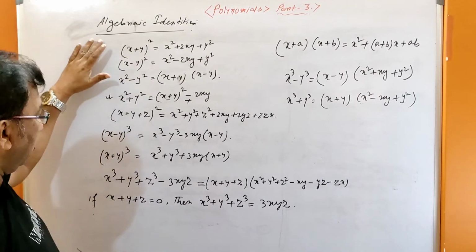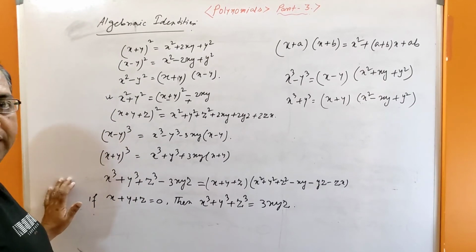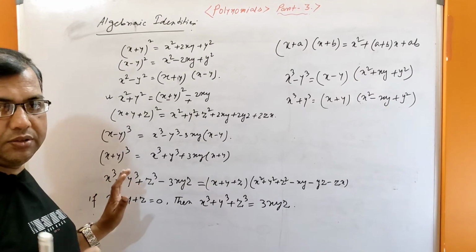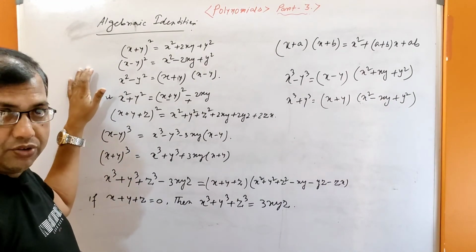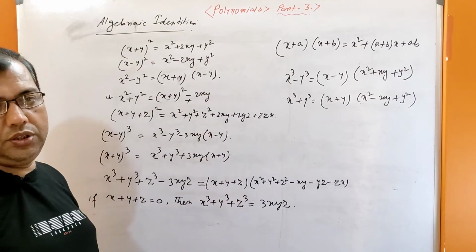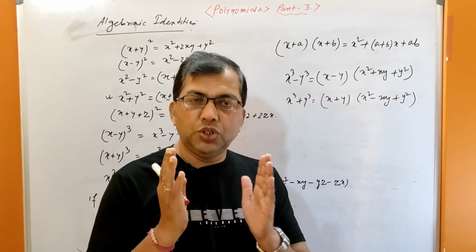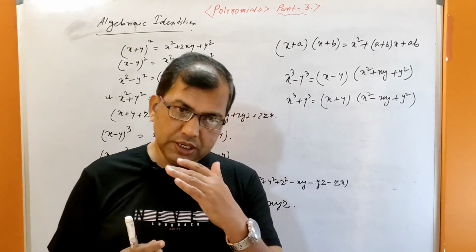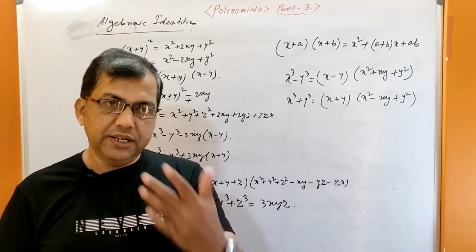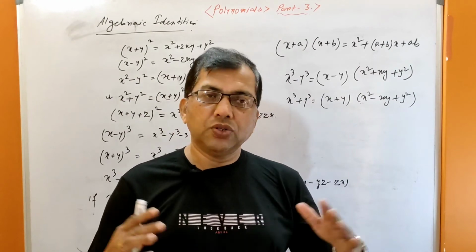So do these formulas for algebraic identities, and for the next chapter under factor theorem, they will be very important. Okay. So what you learned in polynomials: degree of polynomials, zero polynomials, division algorithm, factor theorem, remainder theorem, and so on.